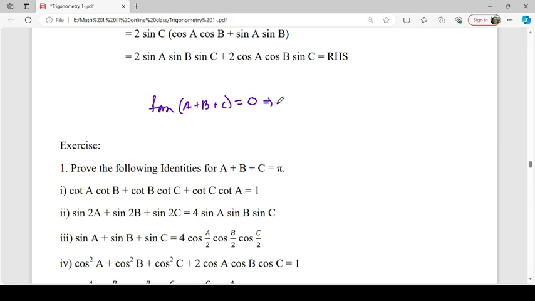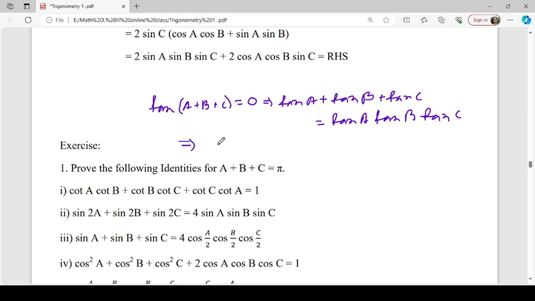Implies we have got earlier tan a plus tan b plus tan c equal to the product tan a tan b tan c, and what we do, we divide by the right hand side.